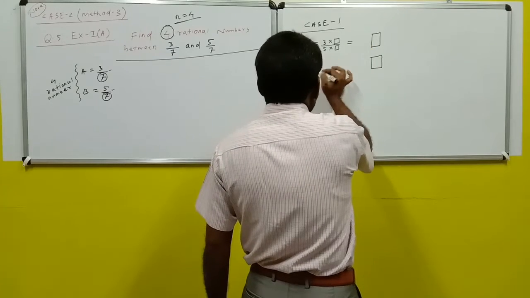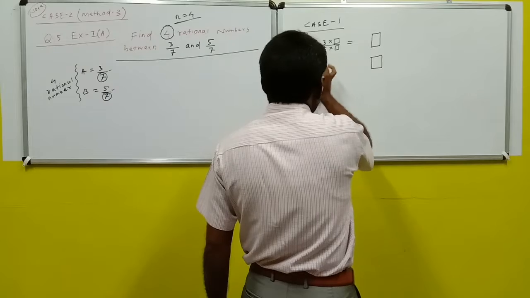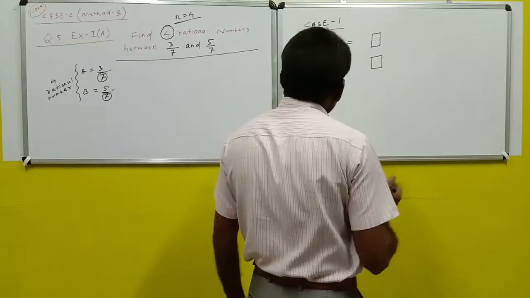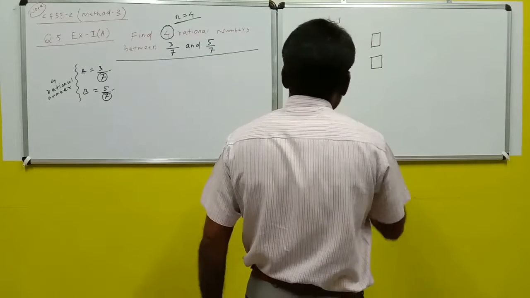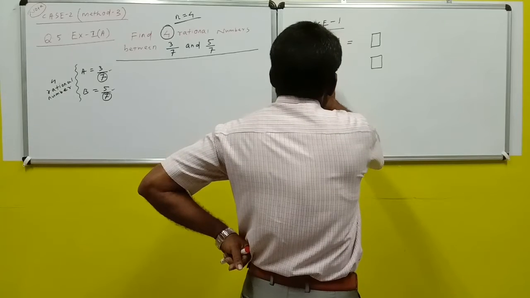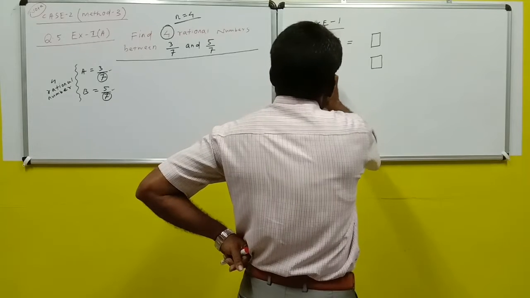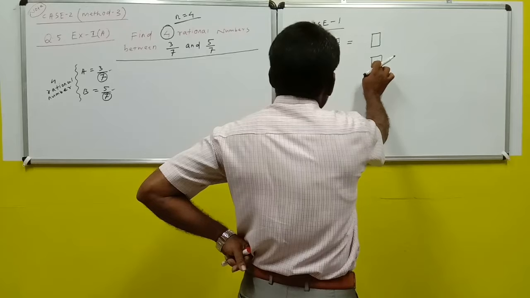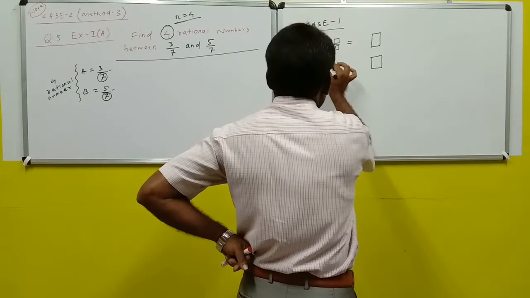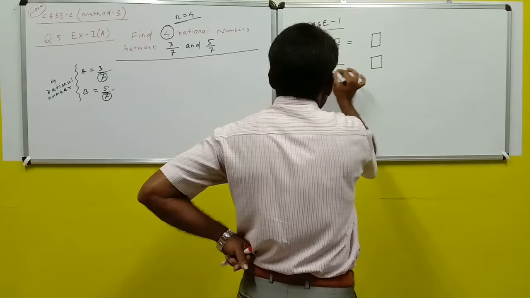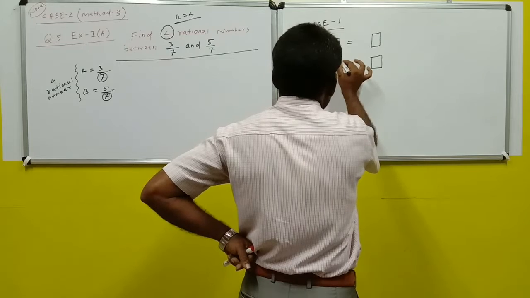In case of 4/5, you also did the same thing. You changed 4/5 into its equivalent rational number by multiplying its numerator 4 and its denominator 5 by a suitable number.